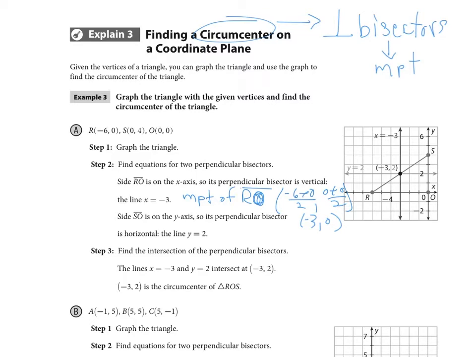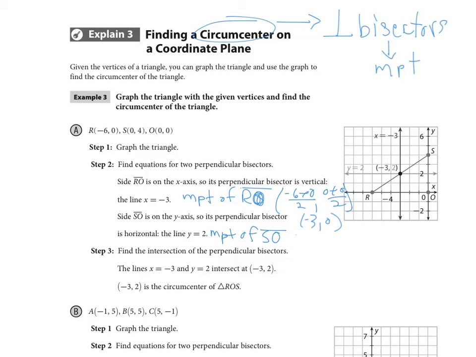So by the same token, if we're looking at side SO, which is vertical, then its perpendicular bisector is horizontal, and the horizontal line is going to go through, again, if you wanted to calculate it, the midpoint of SO, which we could, again, use the calculations for.